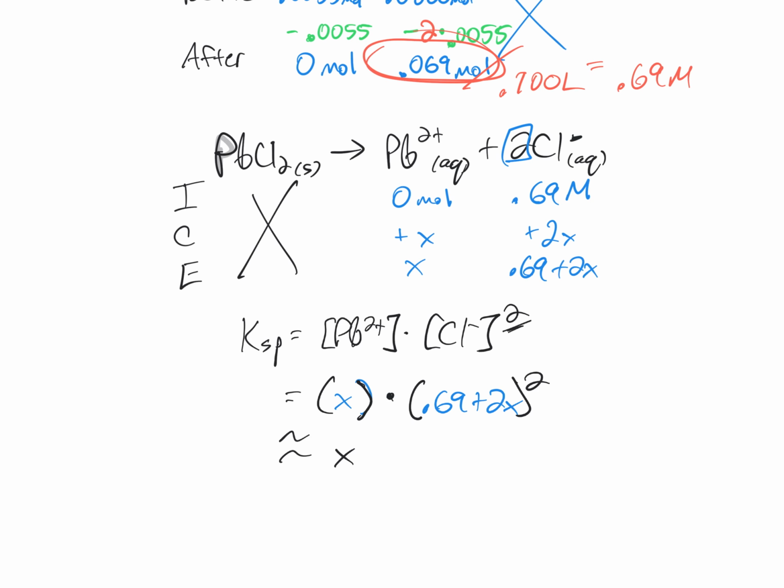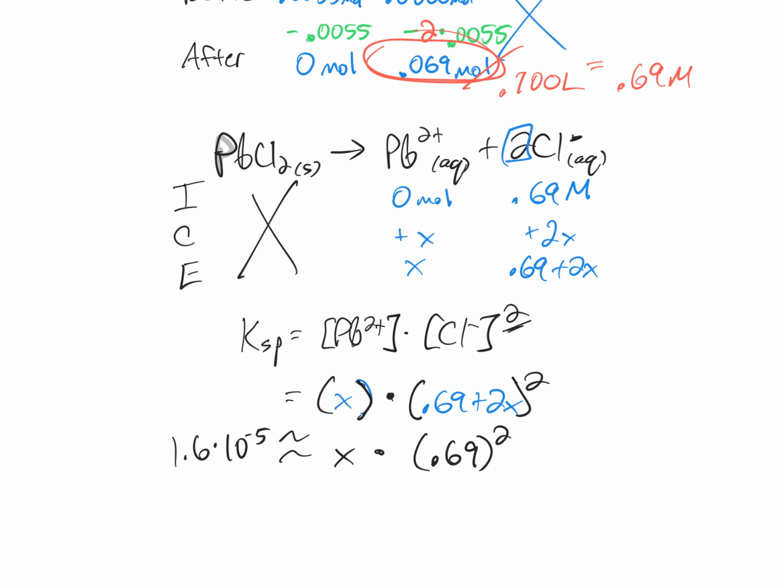Well, I think we're going to be safe to make the mathematical assumption that 0.69 plus 2x is roughly equal to 0.69. We'll set all of this equal to the value of KSP they had originally given us at the beginning of the problem of 1.6 times 10 to the negative fifth.